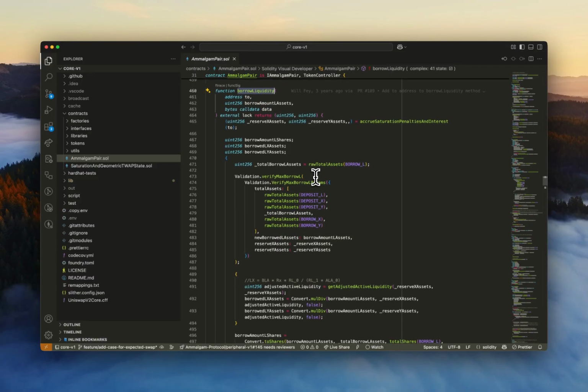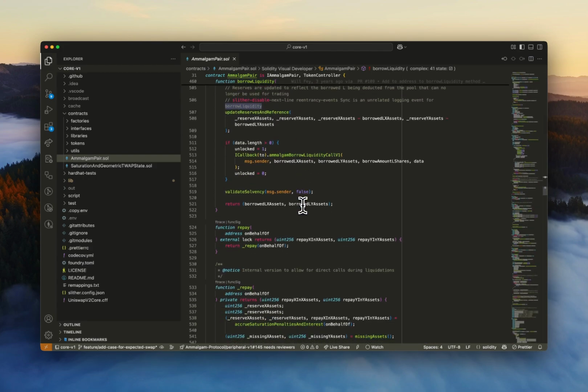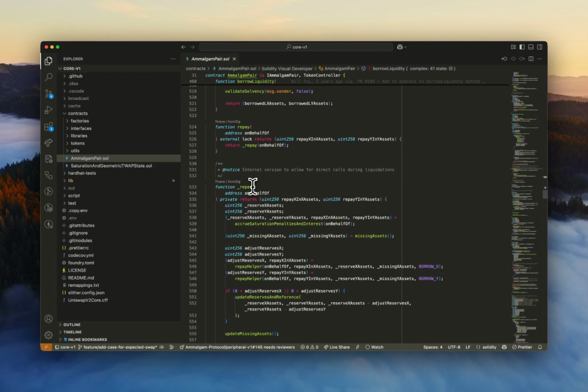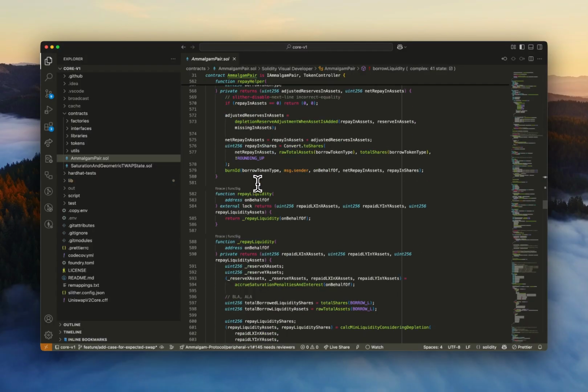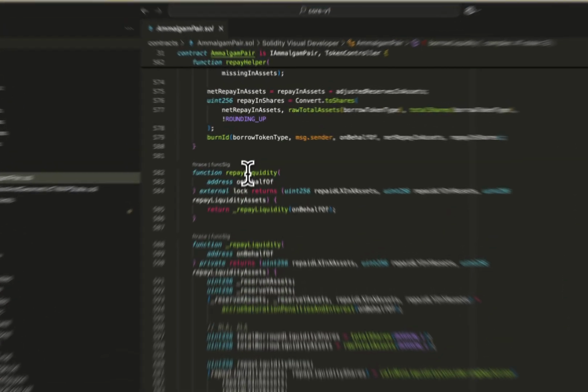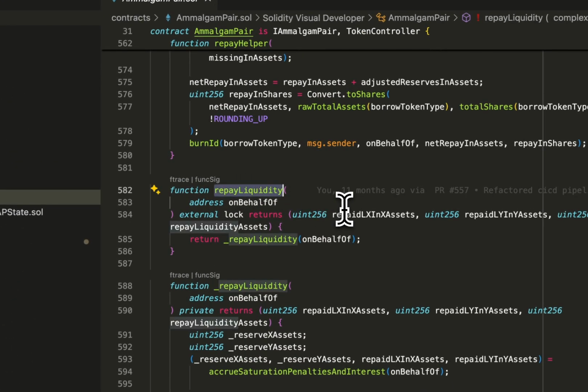And then when you repay, you need to repay both X and Y, but the denomination of those X and Y will be dependent on the price. And then repay and repay liquidity are the main interactions that you would have with a pair.